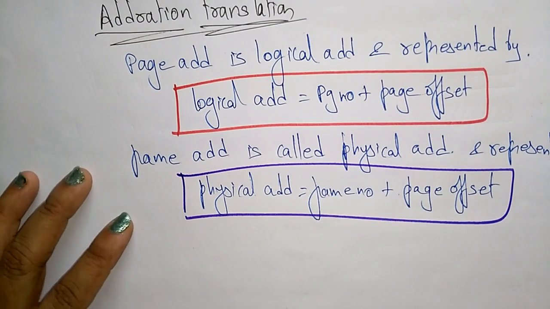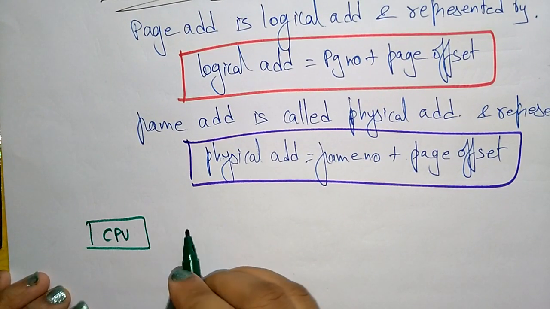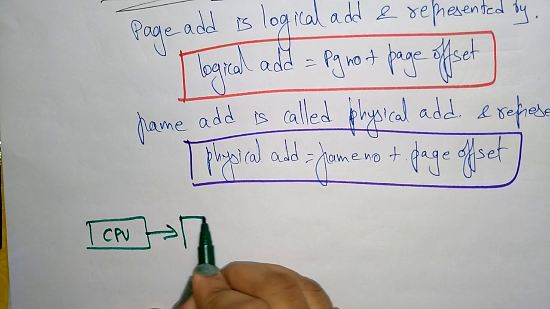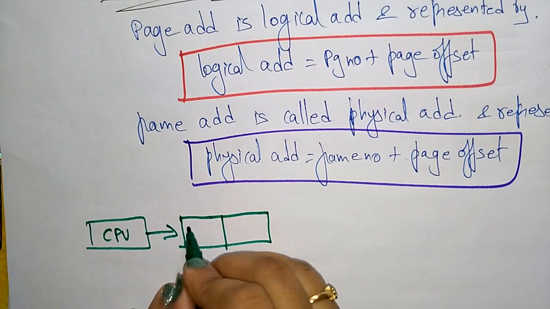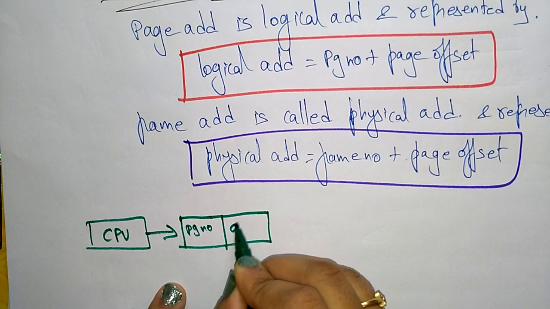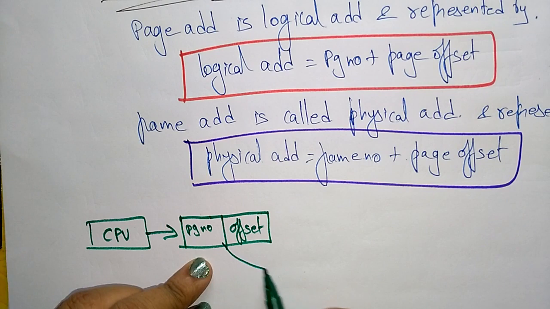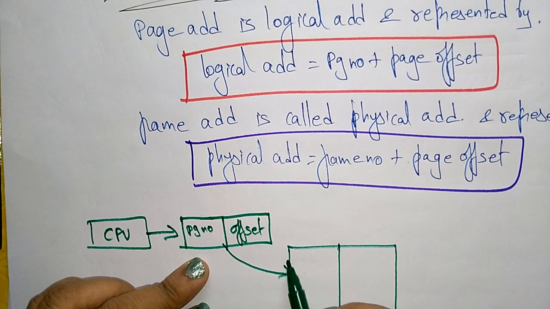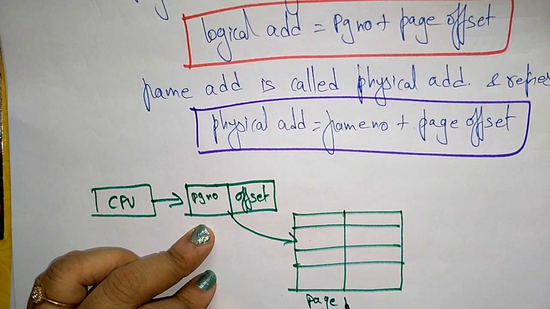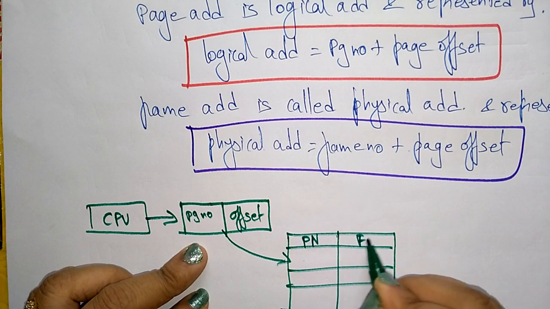Let me take a simple example here. Suppose this is a CPU. The CPU is sending the logical address with page number and page offset. The page number is looked up in the page map table. In the page map table you have the page number and the frame number.